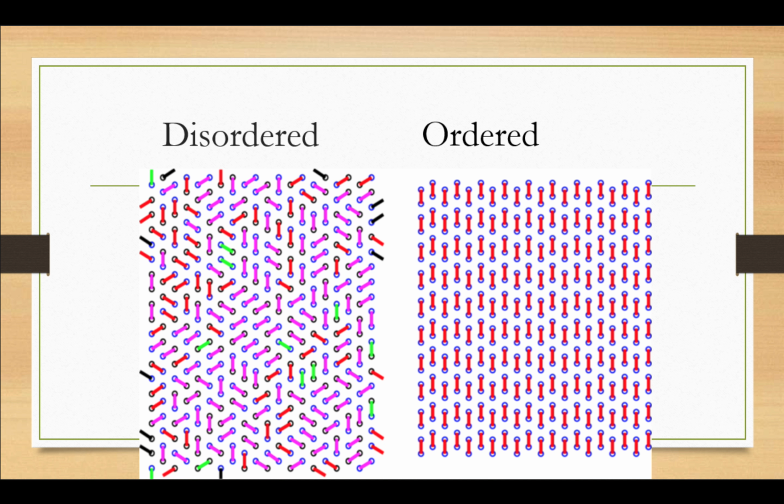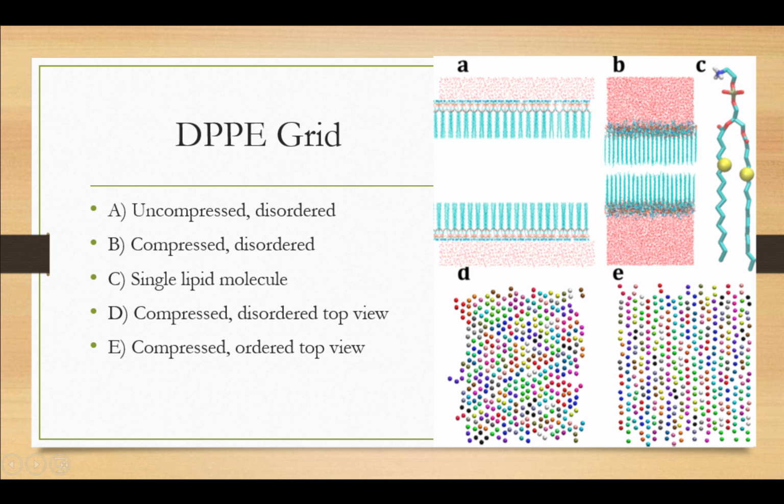This lattice structure was then converted into a lipid molecule configuration, and in order to avoid steric clashes between the lipids involved, these molecules were put into an expanded grid. After this was done, these layers, or leaflets, were placed with a gap between them, as shown in part A of this figure. This indicates an uncompressed or disordered structure. Image B shows the result of hydrating figure A and compressing them.